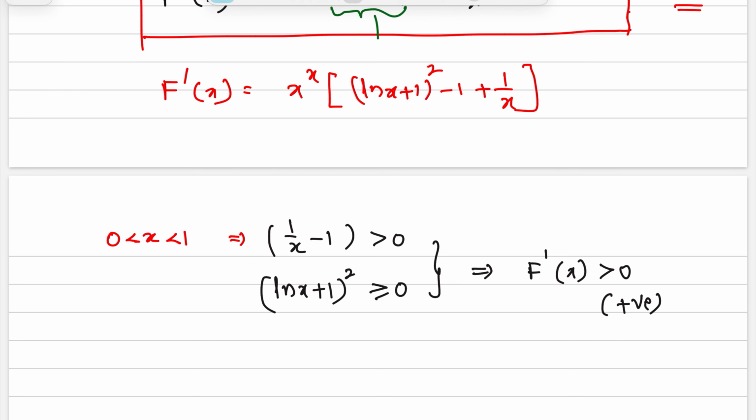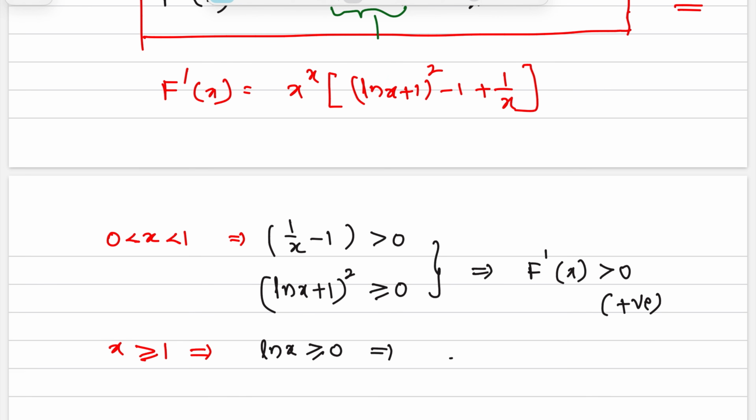If x is greater than or equal to 1, what happens? ln x will be always greater than or equal to 0.